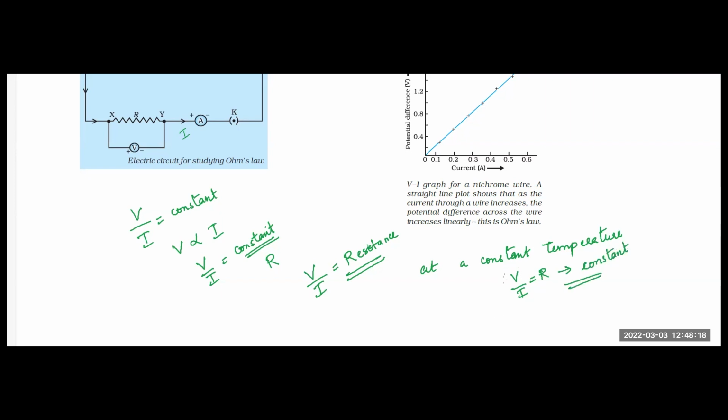If we increase the current, the voltage also proportionally increases, and because of that this R remains constant, and it is a property of the conductor. It does not vary according to the current provided or the voltage dropped.